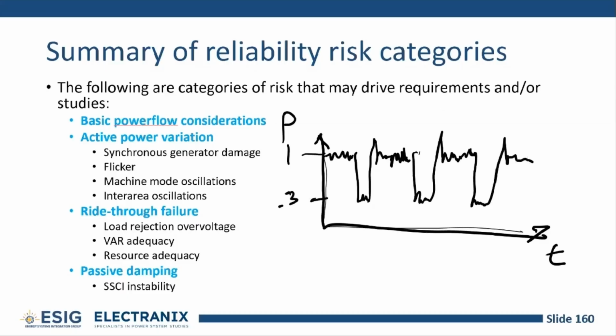This can include a range of frequencies. This is what I would call a quasi-periodic variation, and the period of this variation could be between, say, 0.1 hertz and 2 hertz, something like that.